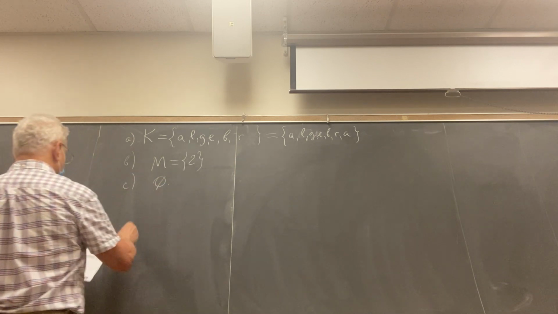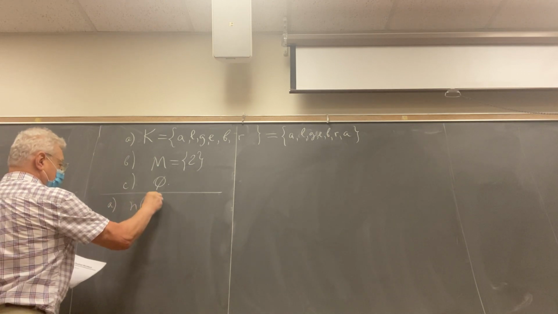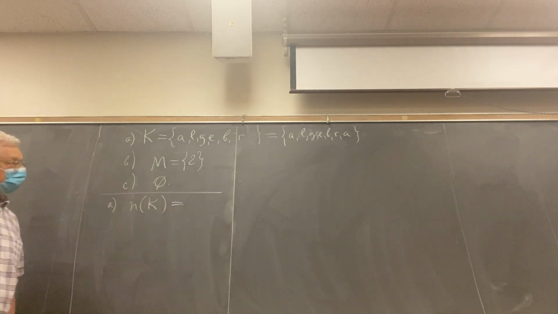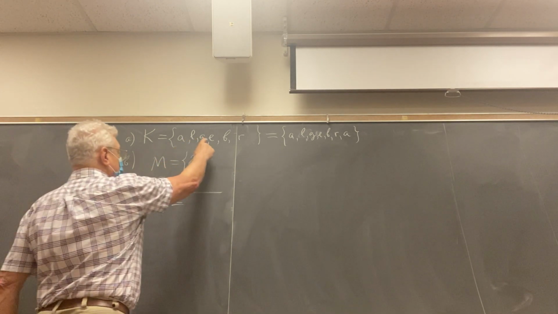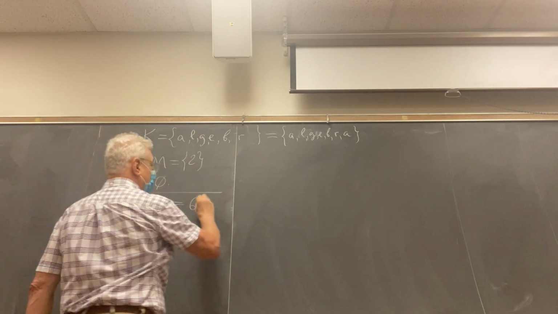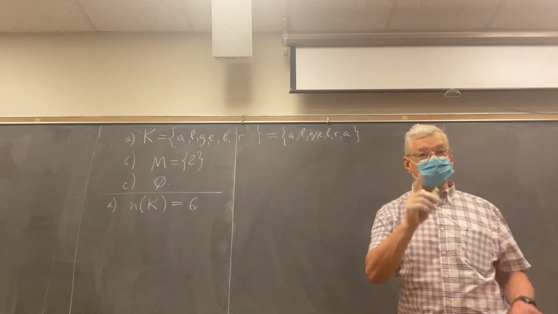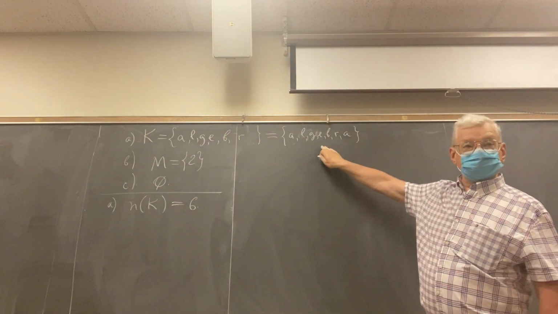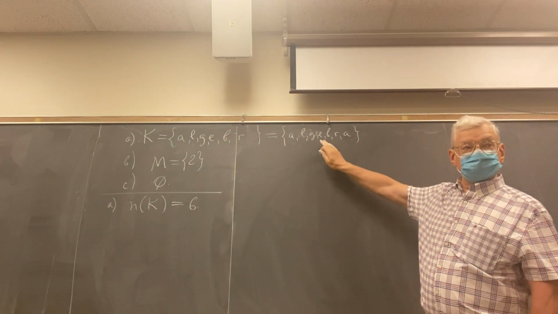Now question: find A, what is n of K? Now you can do this quickly. What is n of K? 6: 1, 2, 3, 4, 5, 6. But if you look here, you'll see 1, 2, 3, 4, 5, 6, 7. Be careful. I asked you what is the cardinality of this set? If you write 7, it will be incorrect.